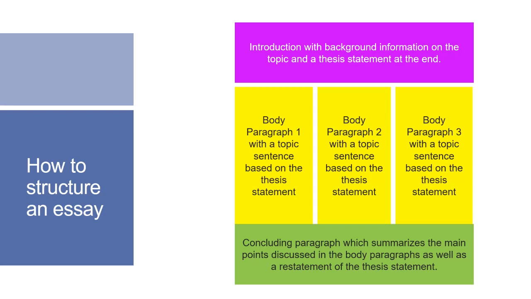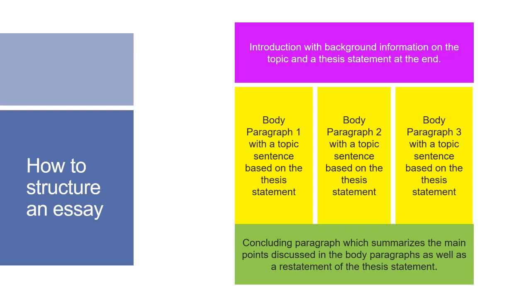After the introduction, you should have the body paragraphs, and depending on the length of your essay, you could have 3 paragraphs or more. In the body paragraphs, you should have a topic sentence based on the thesis statement mentioned in the essay. So based on this 5-paragraph essay, we'll have 3 body paragraphs, and each paragraph will have its own topic sentence based on the thesis statement.